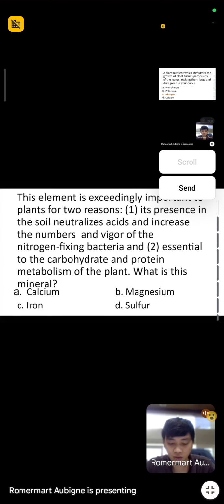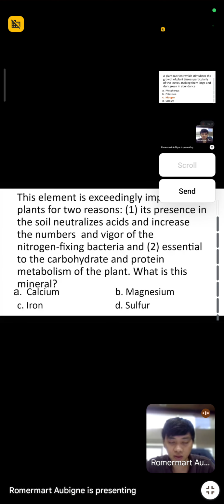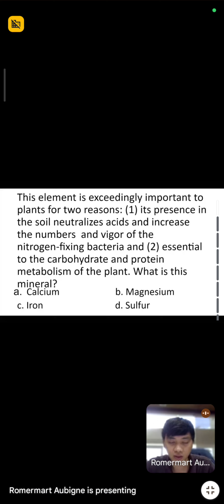Later, meron naman tayong dyan on the nutrients. So, this element is exceedingly important to plants for two reasons.